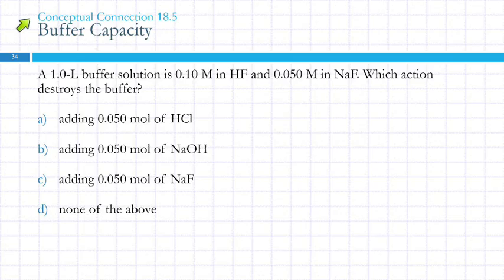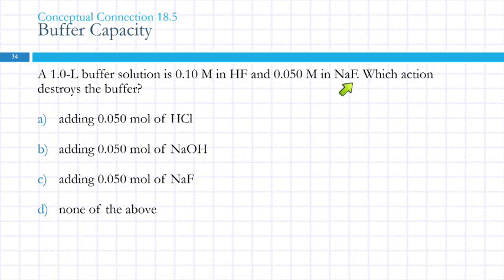This is conceptual. We're not supposed to do a whole calculation. So we have to think about, well, what's going to happen here? If we add 0.05 moles of HCl, what's the important thing that we're adding there? Acid. We're adding H+, so we can ignore the chlorine. So if we're adding 0.05 moles of H+, is that going to react with the HF or the NaF?